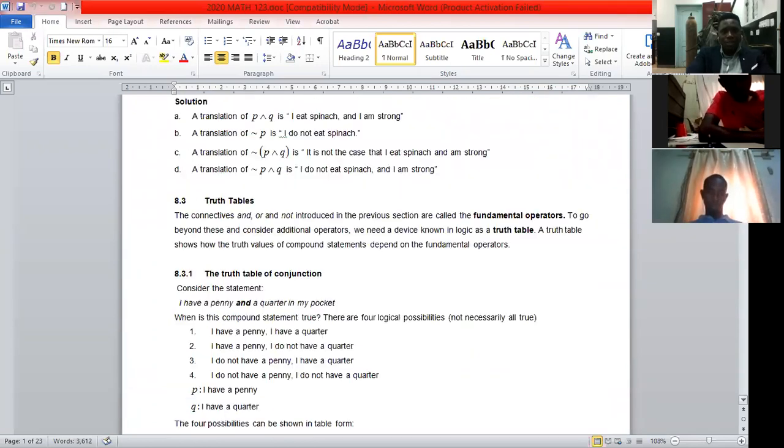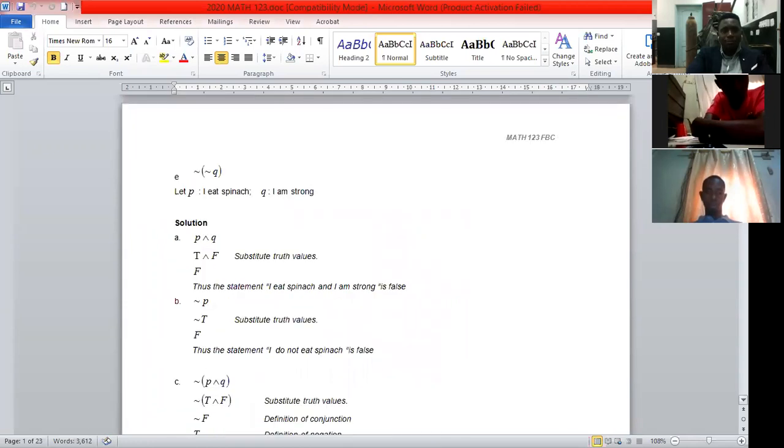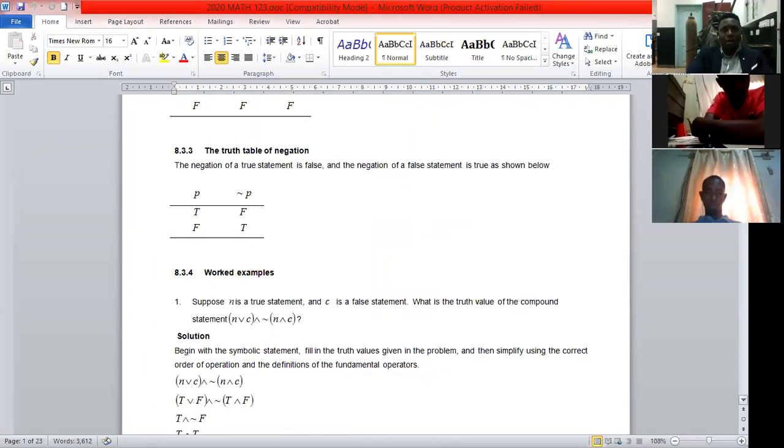So in our previous class, we talked about examples of using truth tables. How do we negate truth tables? We now know the connectives: the conjunction, the disjunction, and the negation.